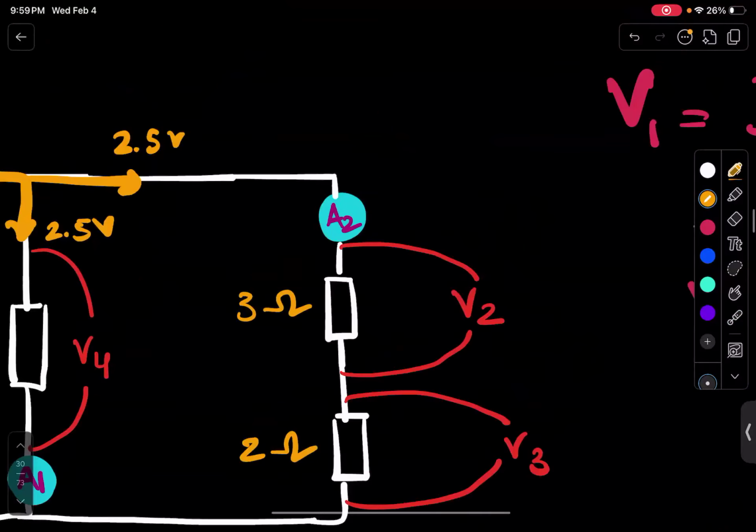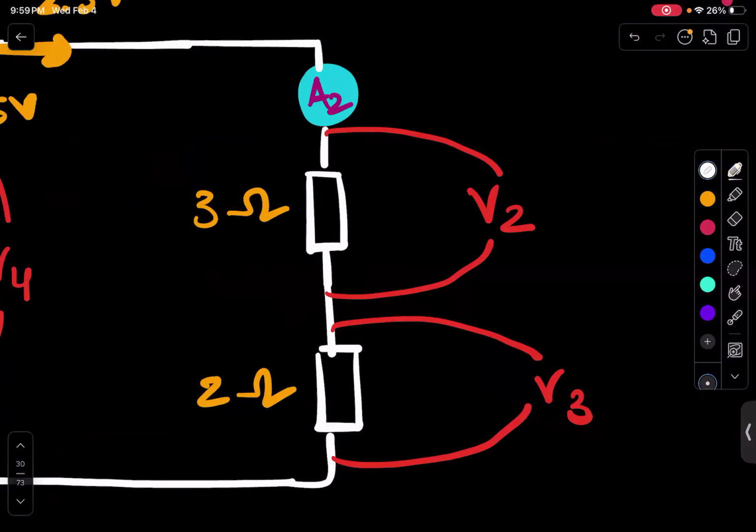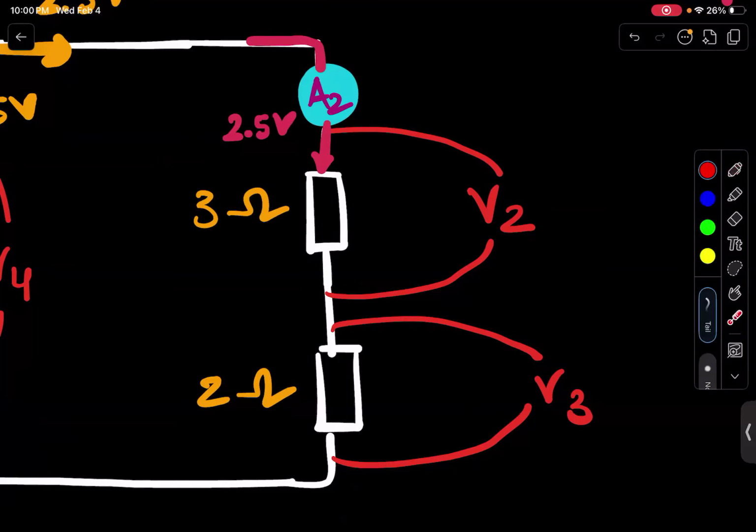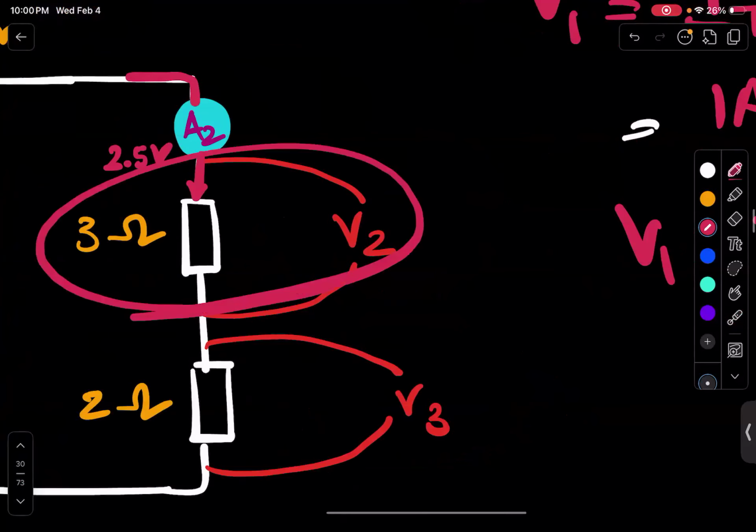Because notice, if you zoom in, this is just a series circuit where the input voltage is 2.5 volts. Then because you have a 3 ohm resistor that is going to use up some voltage and then give off the remaining voltage to the next resistor, right? So can you calculate how much voltage was lost over here?